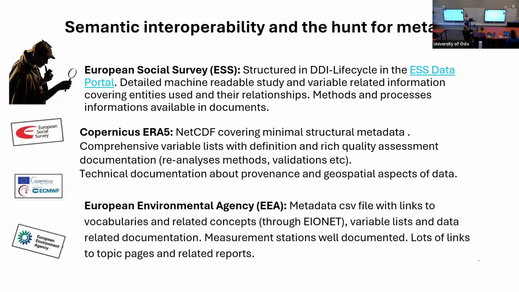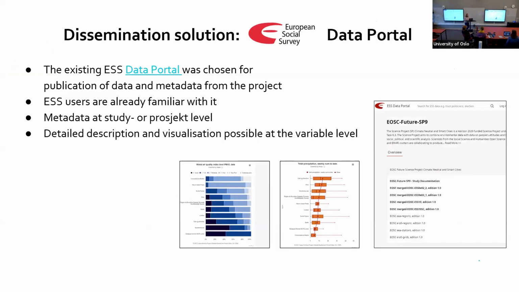But for the other ones, it was hard to find where the different components were, and we had to look around and dig out stuff and manually input it ourselves. So this points to the fact that if the same standards were used, this would have been much easier.